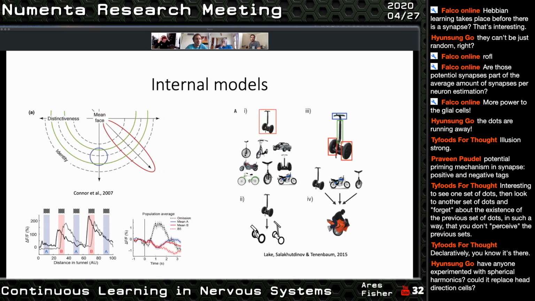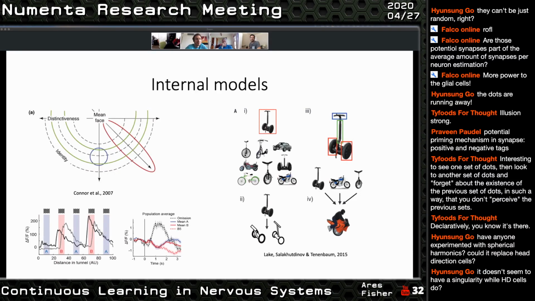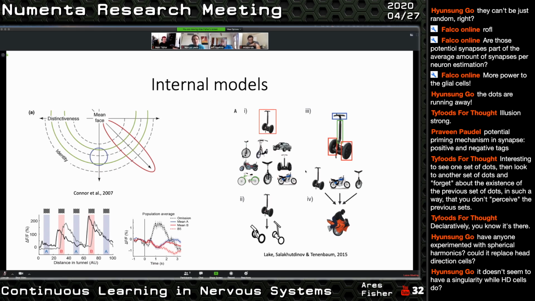And one thing that I thought was really cool, which I only realized when I read this paper, was that you synthesize knowledge. You could see things like a Segway, and you could imagine a lot of things that are similar to a Segway. You could take the fact that there are wheels on a Segway and something that looks like a handlebar, and you recognize it: oh yeah, this has the components of things I already know, right?